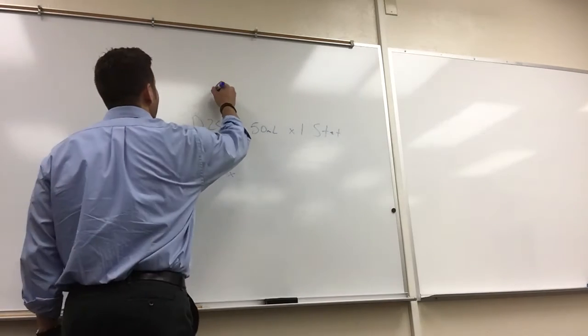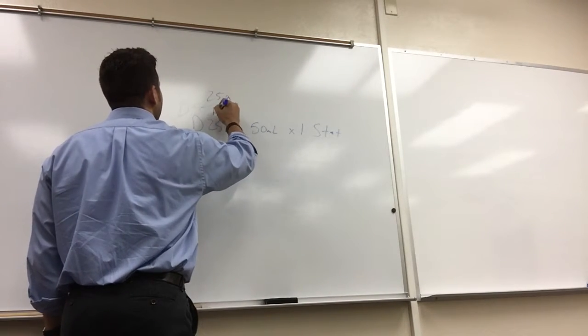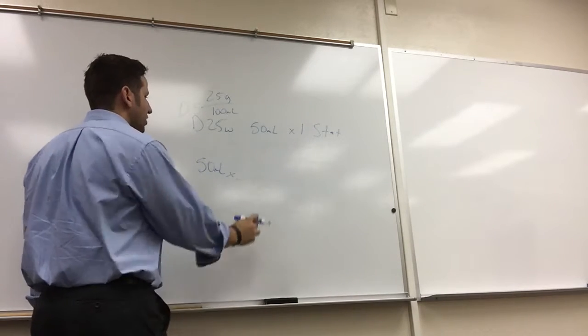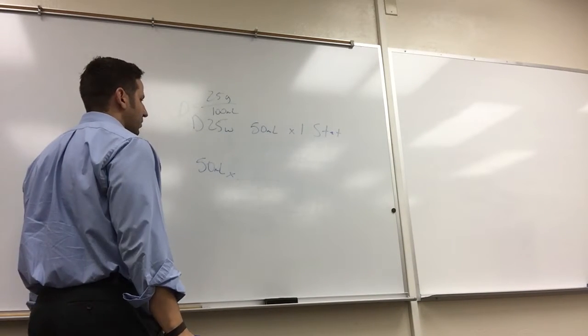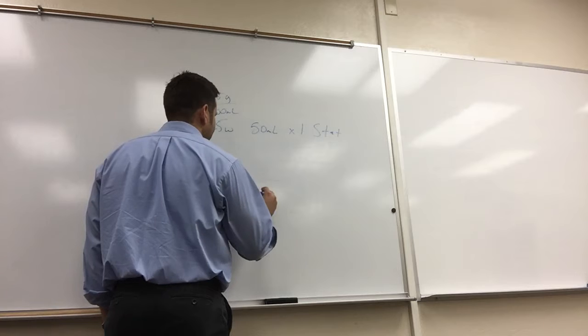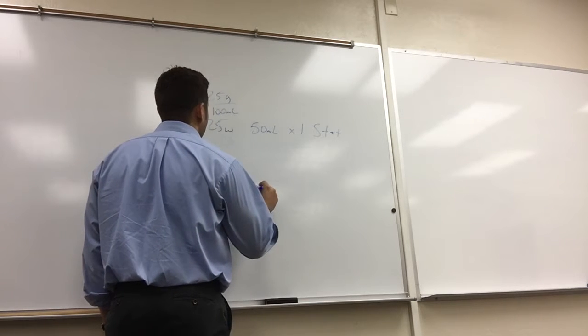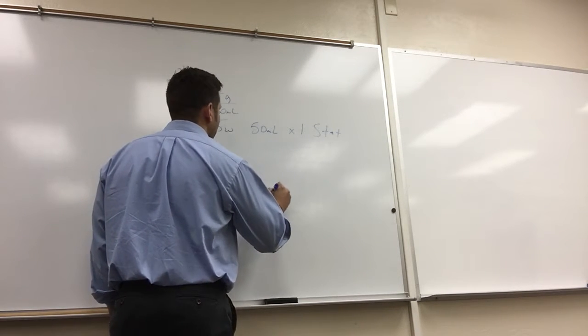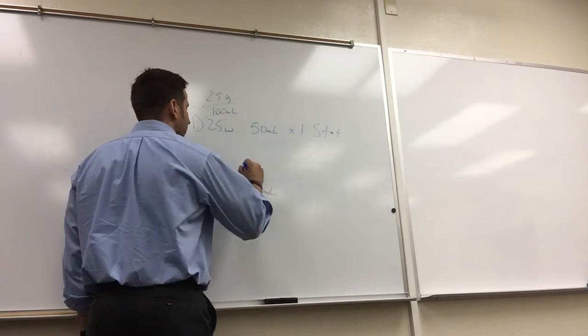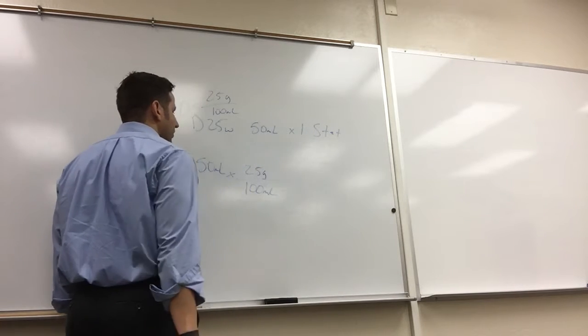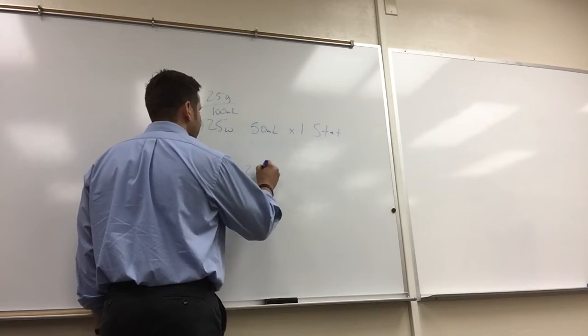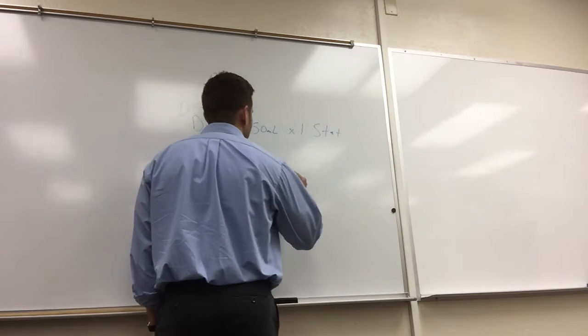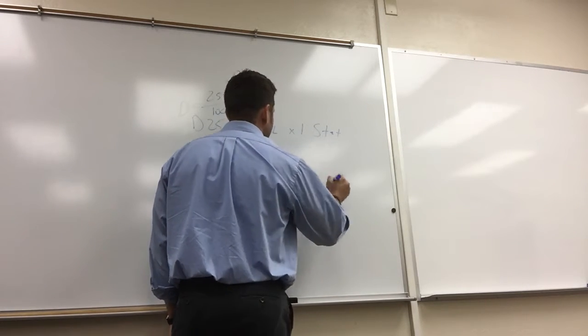It's 25 grams in 100 mLs. So what's going to be on the bottom? 100 mLs. And 25 grams goes on top. What's my answer going to be now? 50 times 25.